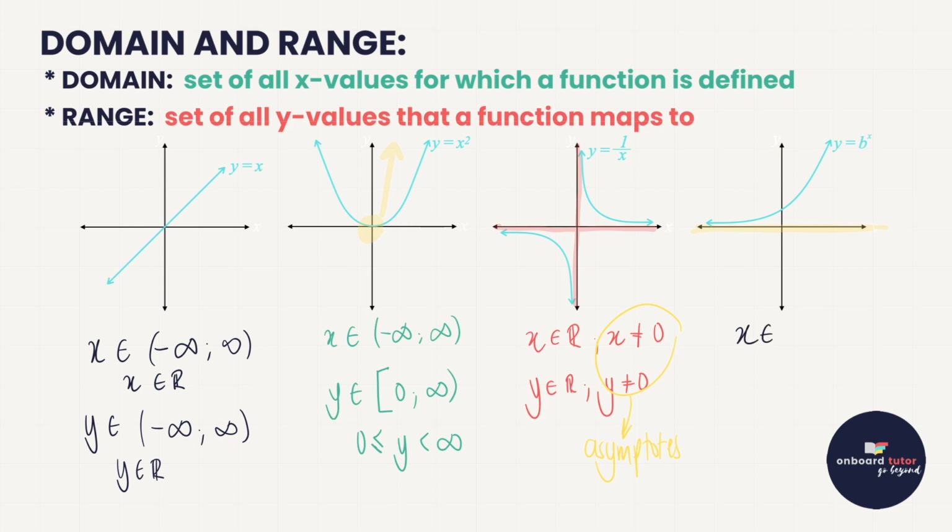So x is an element from minus infinity up to infinity, but y is only defined above that x-axis. So y has to be greater than 0. Or you can write that as y is an element from 0 up to infinity. And remember, because it's an asymptote here, it's not allowed to be equal, and it needs to be a round bracket.